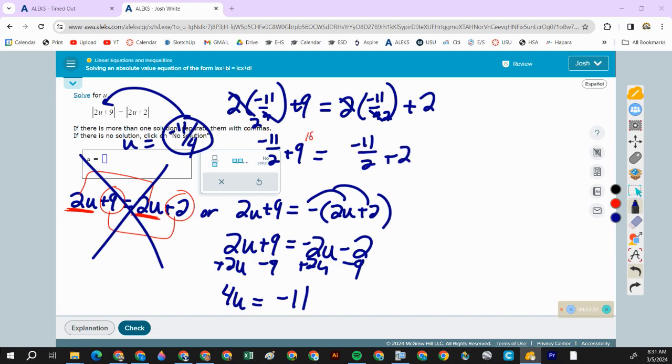So this would be 18 over 2, and this would be 4 over 2. Negative 11 plus 18 would be 7 over 2. Is the absolute value of that equal to negative 11 plus 4 is negative 7 over 2. Are those equal? Yes, they are.